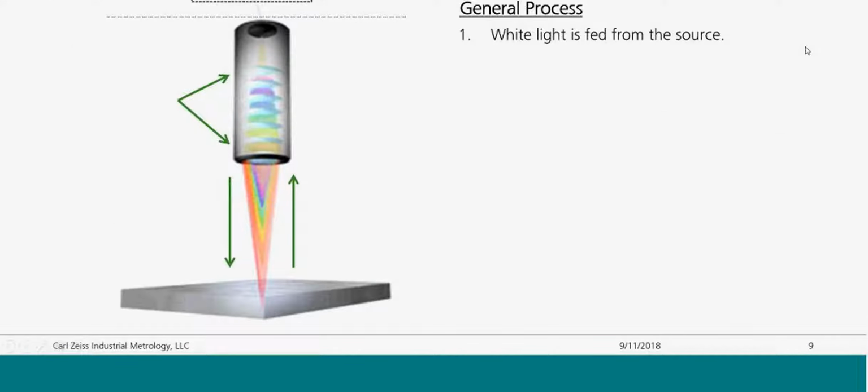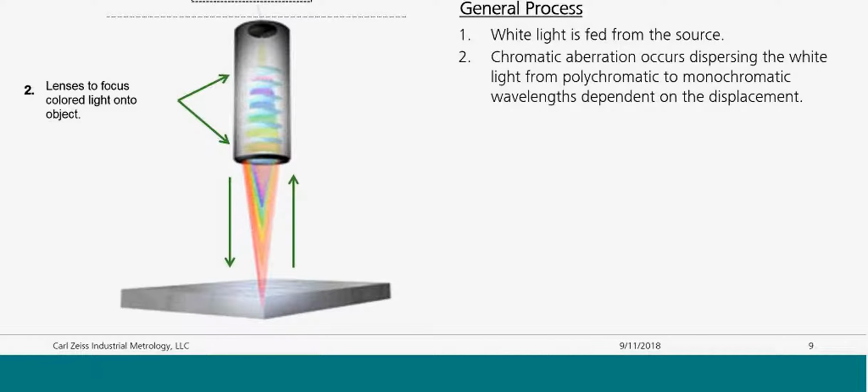So we have a white light source at the top going into the tube of the sensor, and then inside the sensor itself, we have a series of stacked lenses. What those lenses do is like what you saw with the prism on the previous slide.